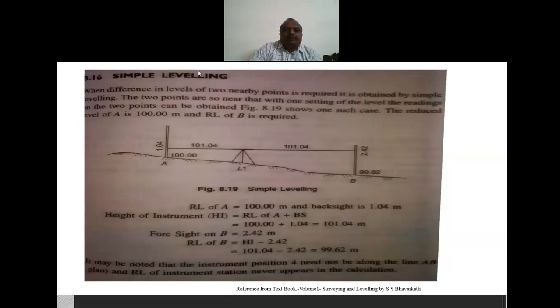By this procedure, we came to know that simple leveling can be used without changing the instrument. You can calculate the RLs on the same ground level.